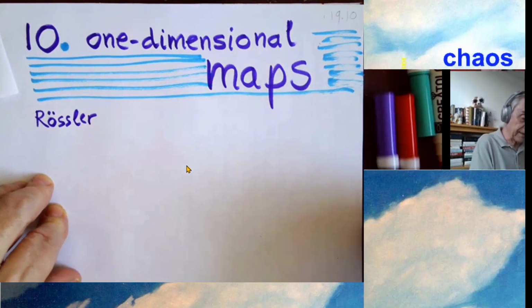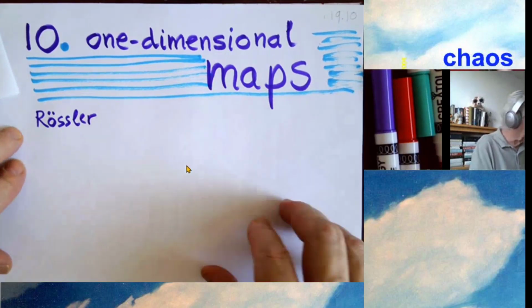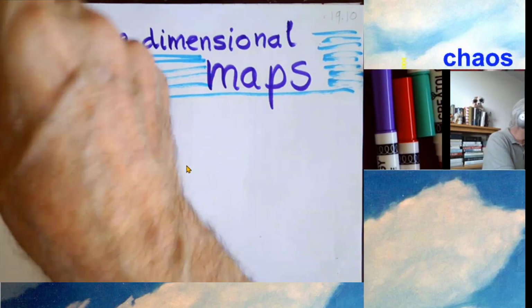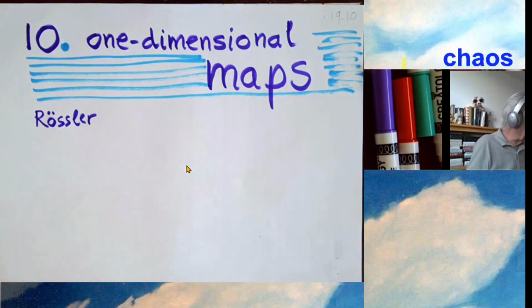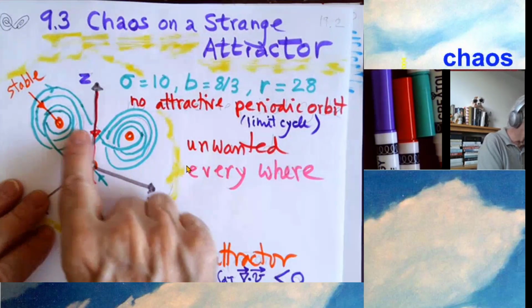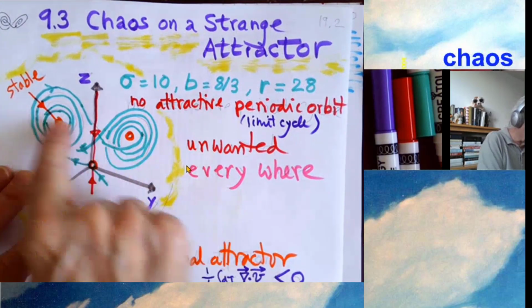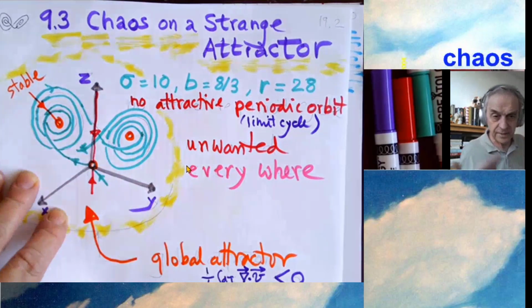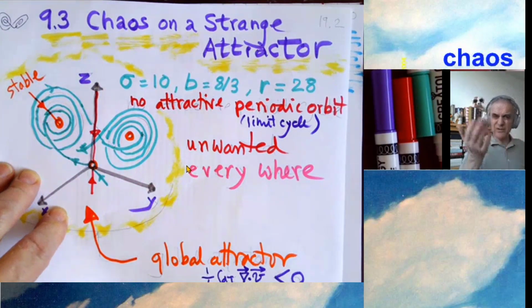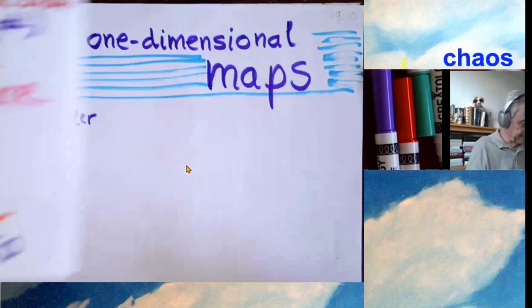Now in Germany, this still exists because they have classical gymnasium where people learn these things. Rosler said, well, this is nice, but it has these two stupid mirror images of each other because it has discrete symmetry. So let me think of a simpler system.